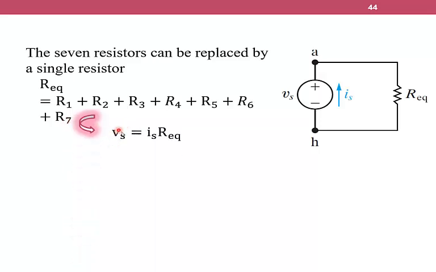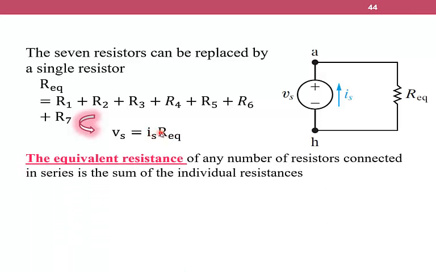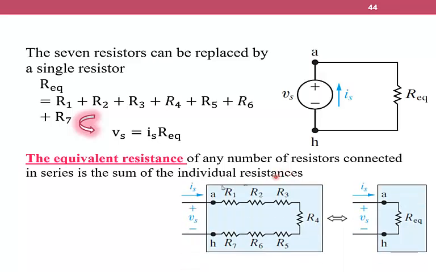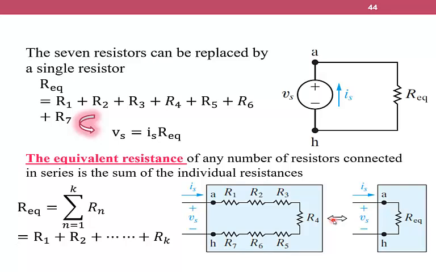So V source equals I source multiplied by R equivalent. The equivalent resistance of any number of resistors connected in series is the sum of the individual resistances. So here we have 7 resistors, and they may be replaced by an equivalent resistor, which is the summation of all these resistors.